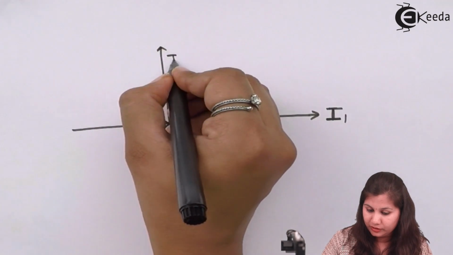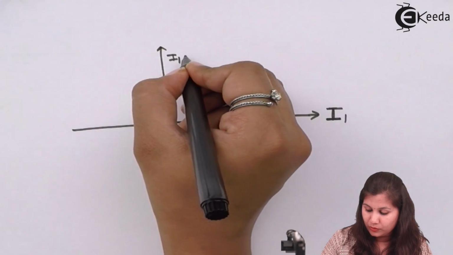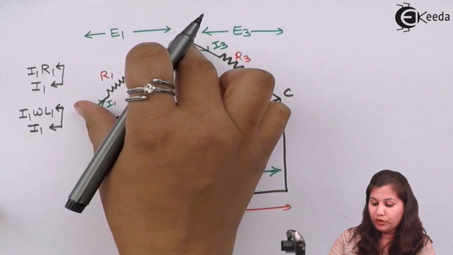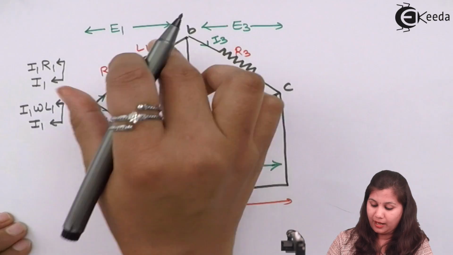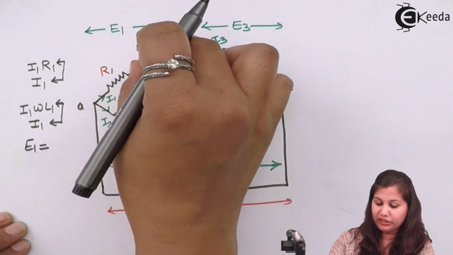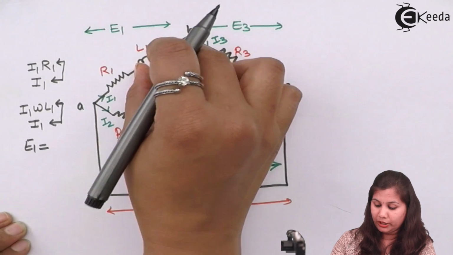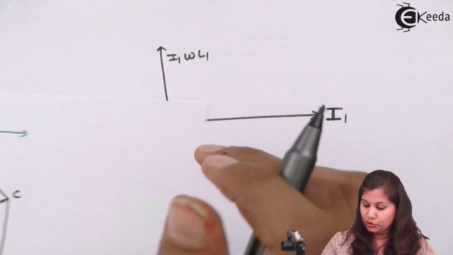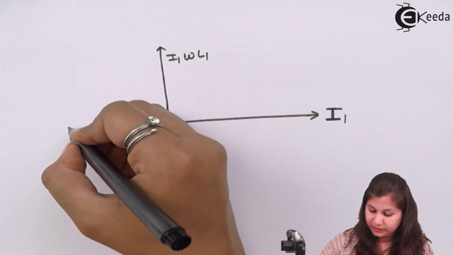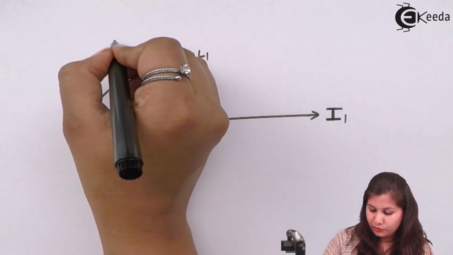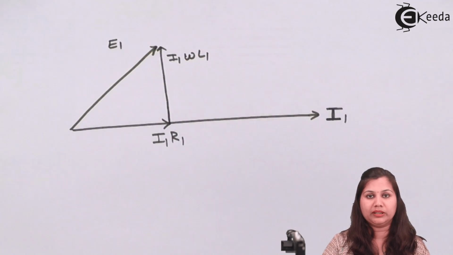This is I1 omega L1. Now the total voltage drop across this AB arm is E1. E1 will be equal to the sum of the voltage drops, so it will be I1 R1 plus I1 omega L1. If we draw the resultant here, it will be equal to E1.